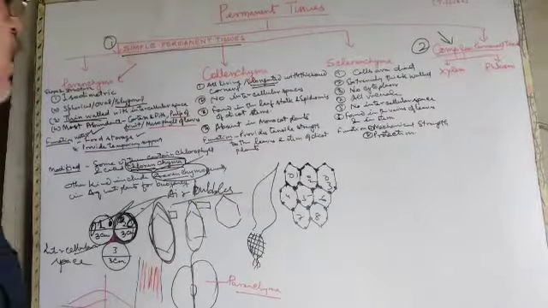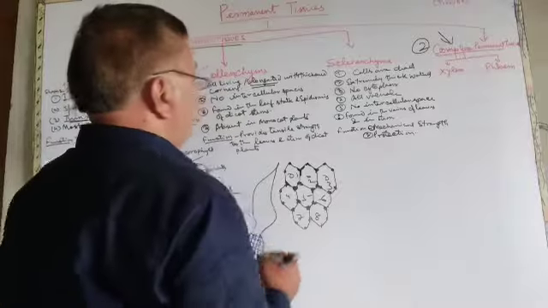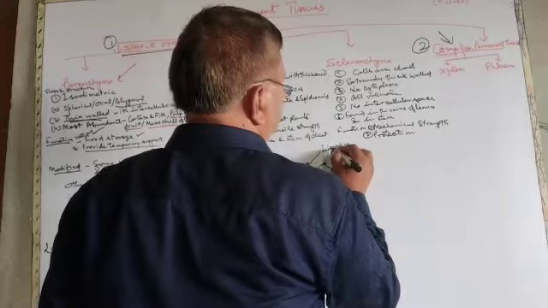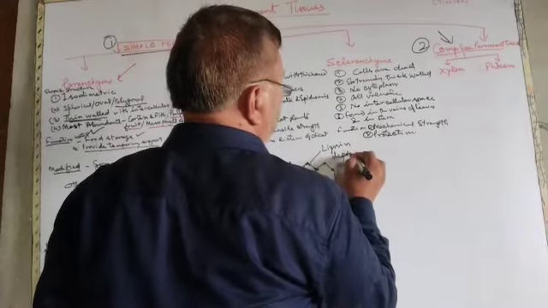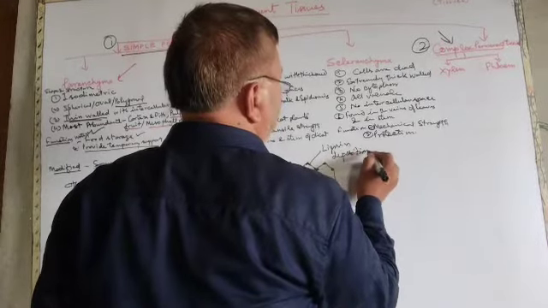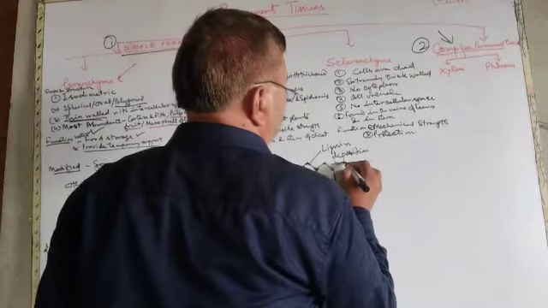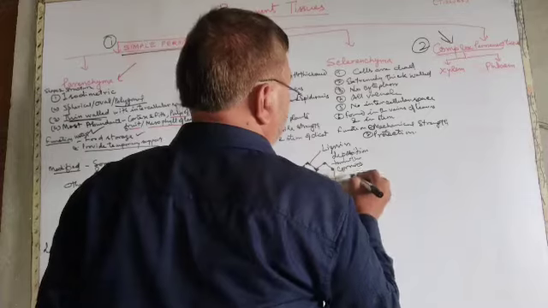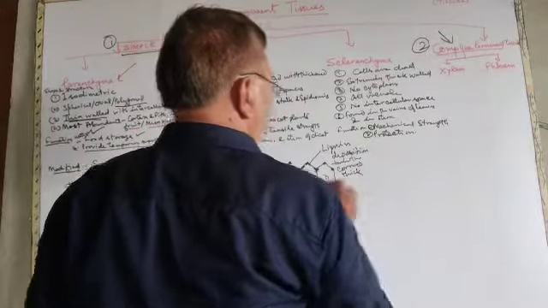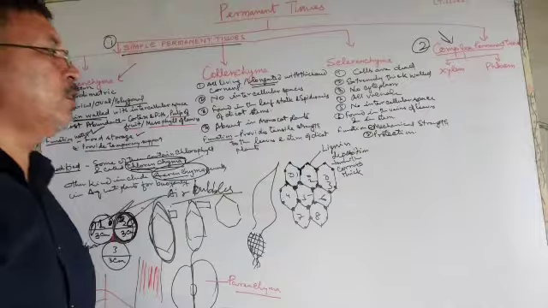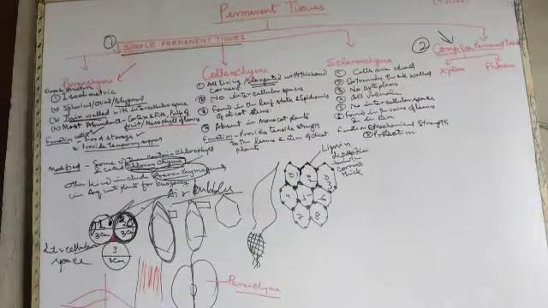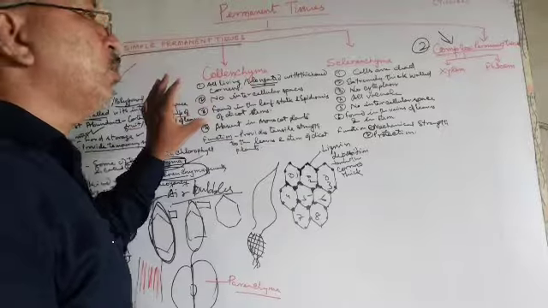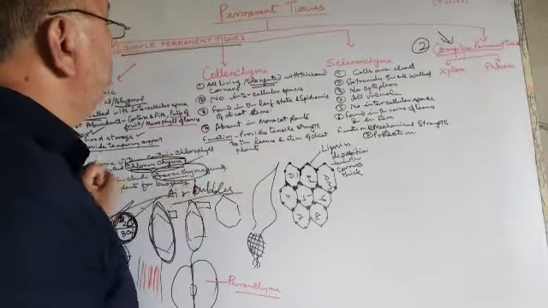There is a material produced as a byproduct, that is lignin deposition, which turns the corners thick, right? So intercellular spaces are not there, but the corners turn thick.